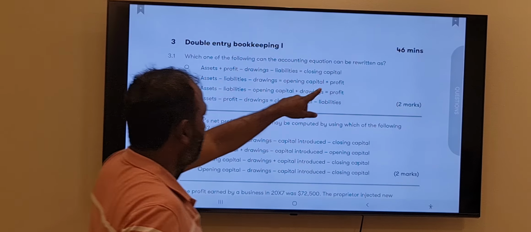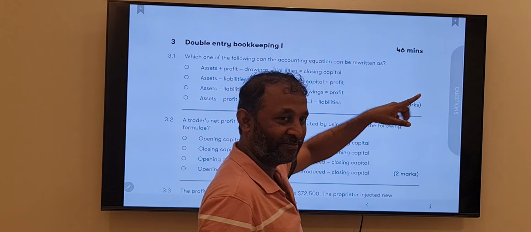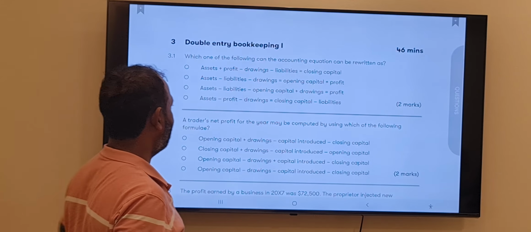See, they are using the word here, how the accounting equation can be rewritten. You can shuffle it. After that, what is the correct equation?